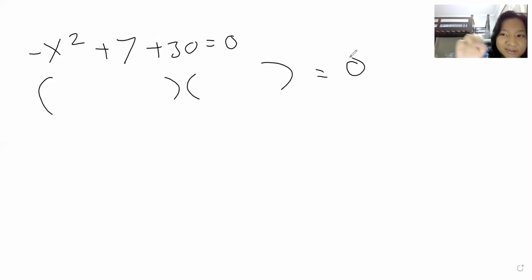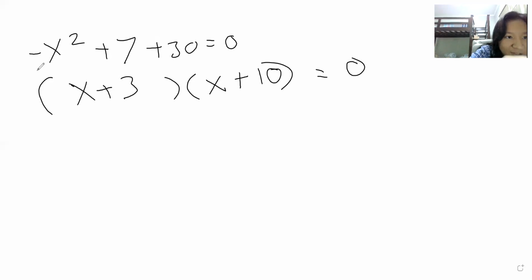Okay, factorize this with brackets, and the numbers that fit are X plus 3 and X minus 10. But how will you deal with this negative sign? I decided to put it here because in order to get plus 7, you need to put it here.